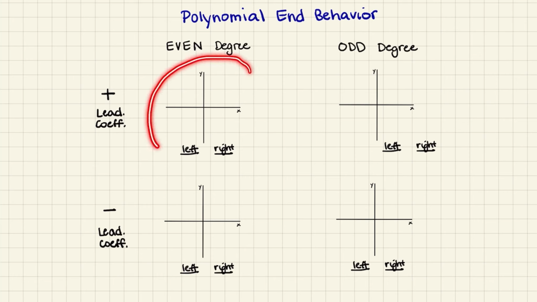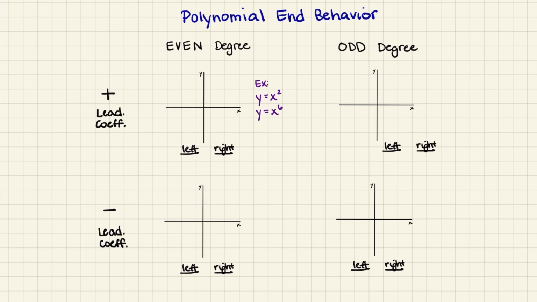So this graph will represent a polynomial that has an even degree and a positive leading coefficient. That would be something like y equals x squared, or y equals x to the 6th, and so on.